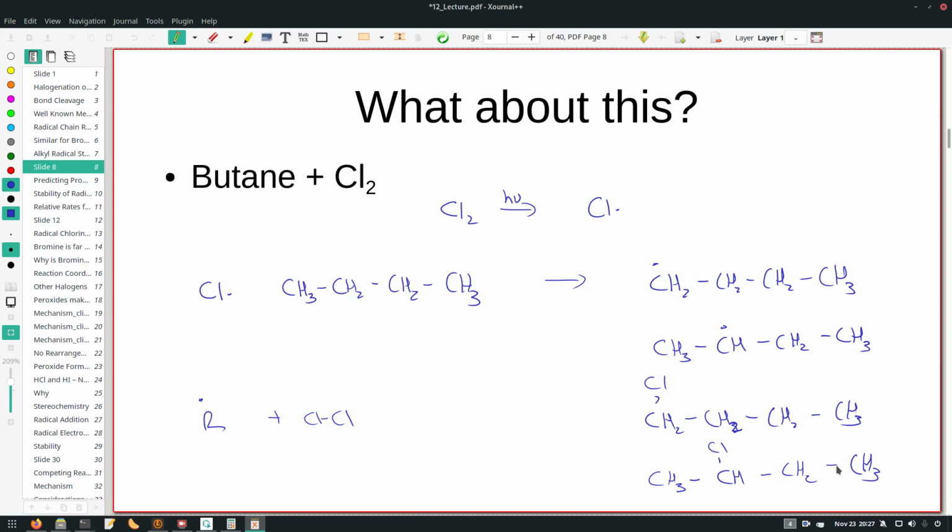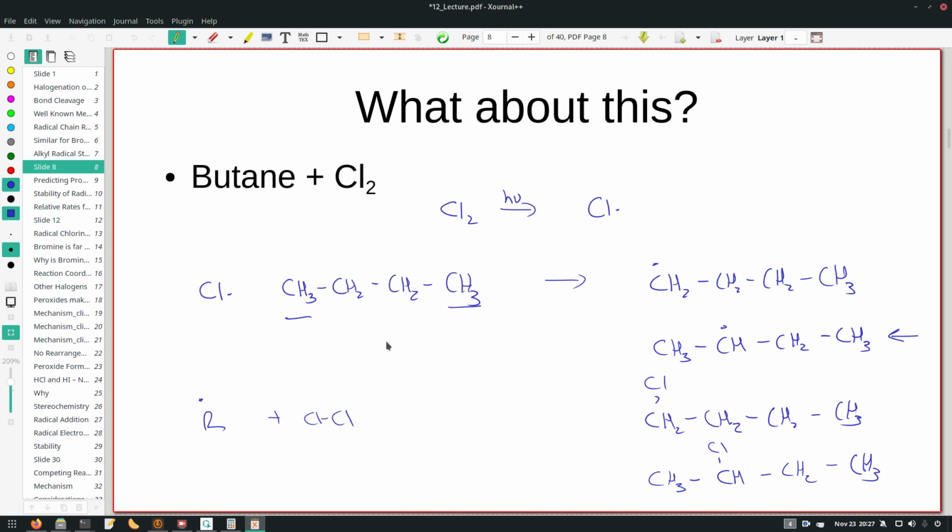Alright, now predicting this, we do have one benefit. We just saw on that previous slide that secondary radicals are going to be more stable than primary radicals. So I do know that this radical is a little bit more stable. But I actually have 3 hydrogens that can come off this end or that end. How about I do it this way?